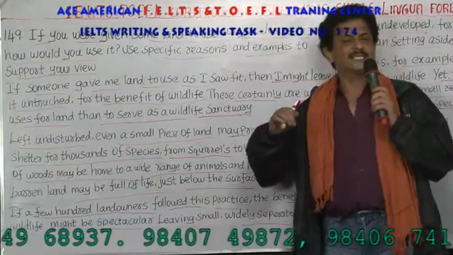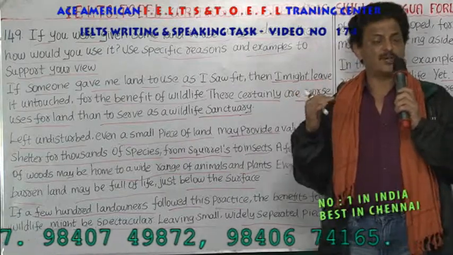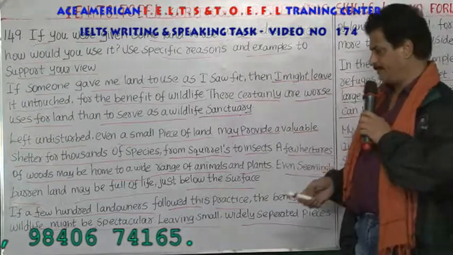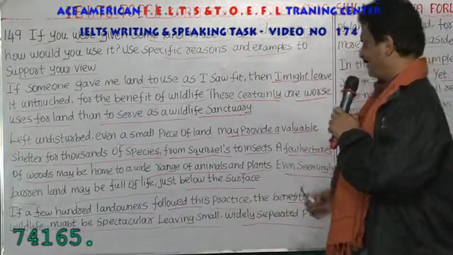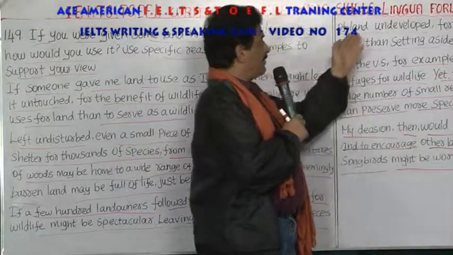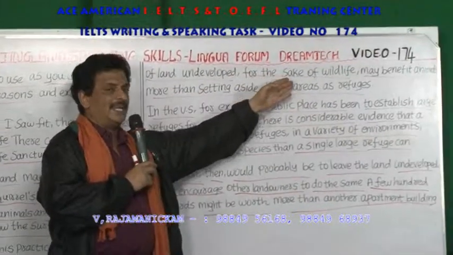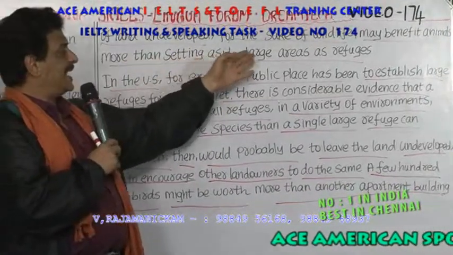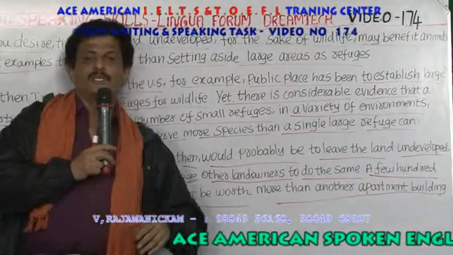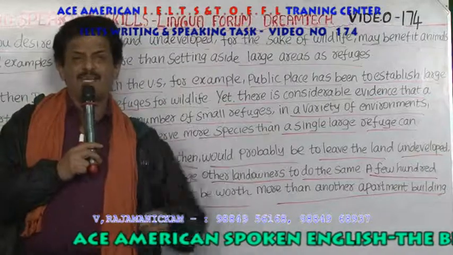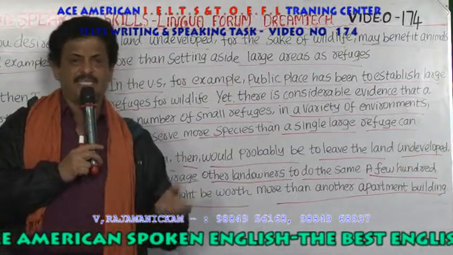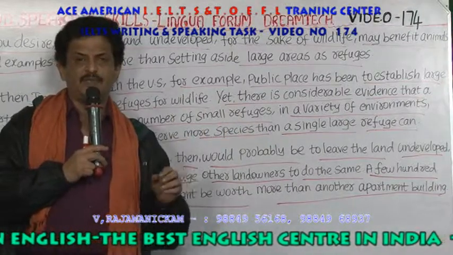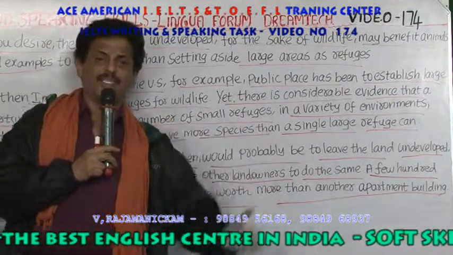Leaving small, widely separated pieces of land undeveloped for the sake of wildlife may benefit animals more than setting aside large areas as refuges. வன காப்பகங்களை விட சில இடங்களை ஒன்றுமே செய்யாமல் விட்டுவிட்டால் அது சிறந்ததாக இருக்கும்.